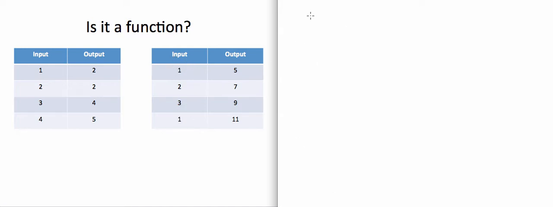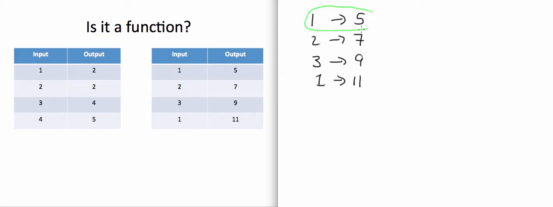Now let's take a look at the second example. The second example gives us a value of 1 goes to 5. 2 goes to 7. 3 goes to 9. And then it says 1 goes to 11. Hopefully we can see that we have a value of 1 going to 5, and then it shows up again, and this time 1's going to 11.